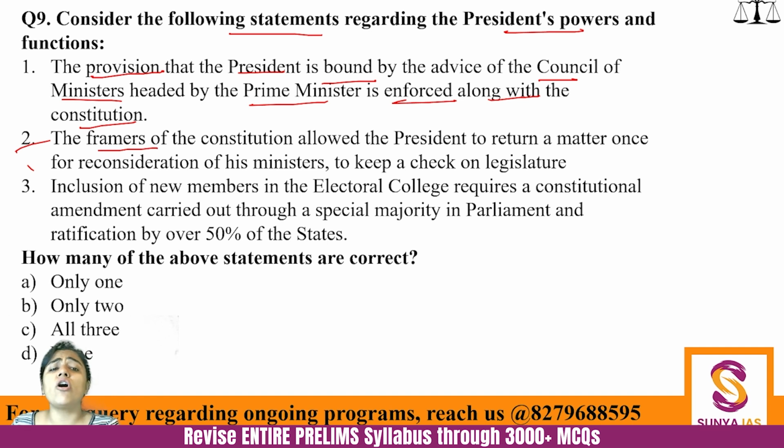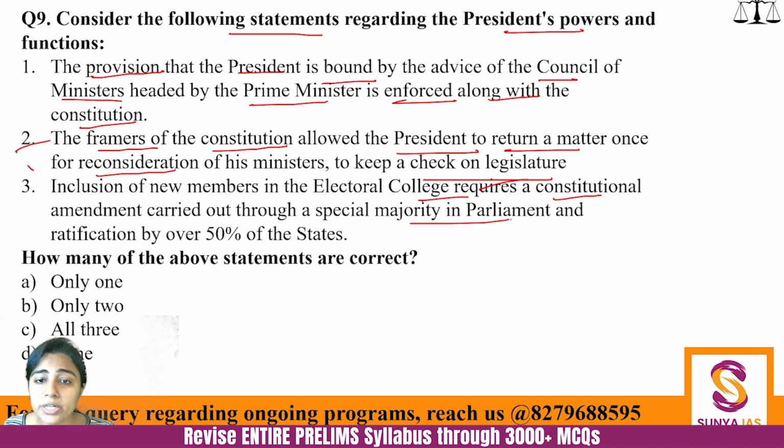The framers of the Constitution allowed the president to return a matter once for reconsideration to his ministers to keep a check on legislature. And inclusion of new members in the Electoral College requires a constitutional amendment carried out through a special majority in Parliament and ratification by over 50% of the states. How many of the given statements are correct?